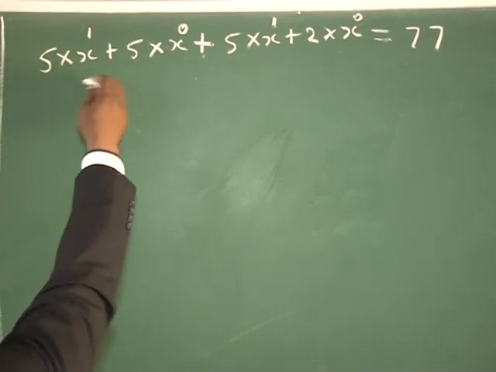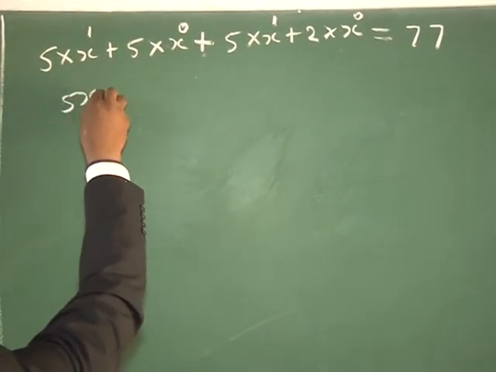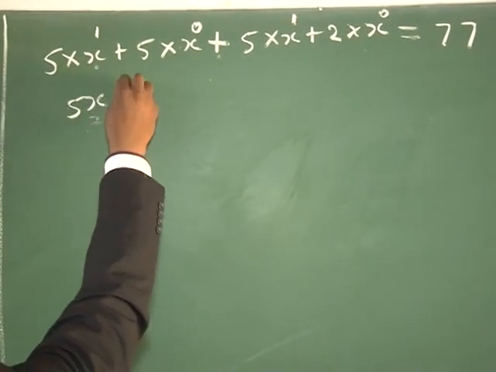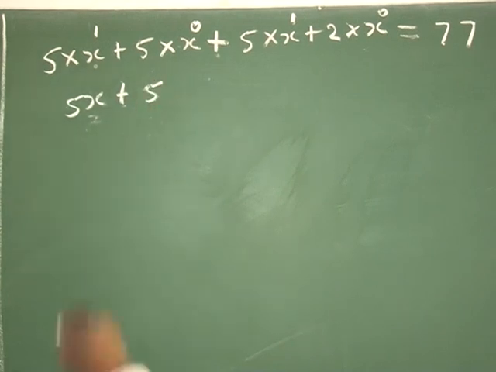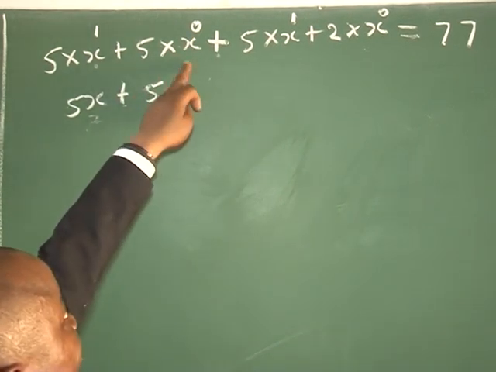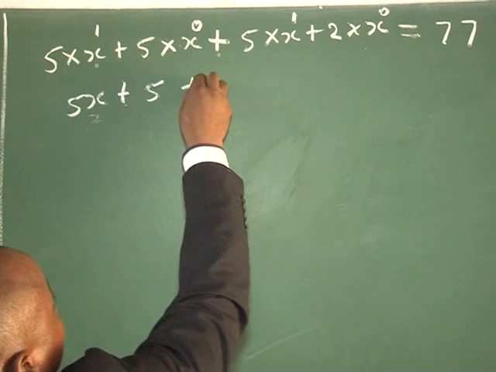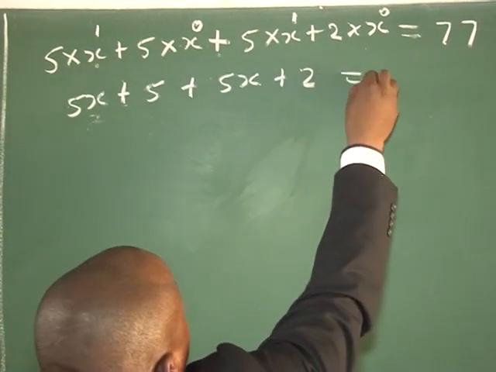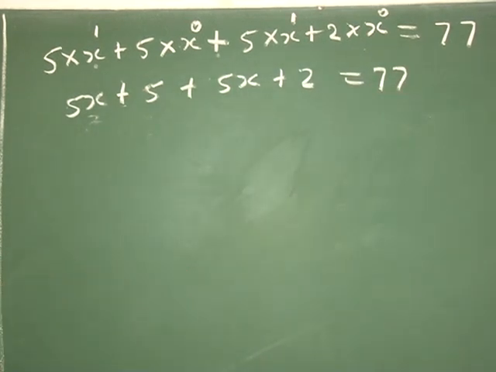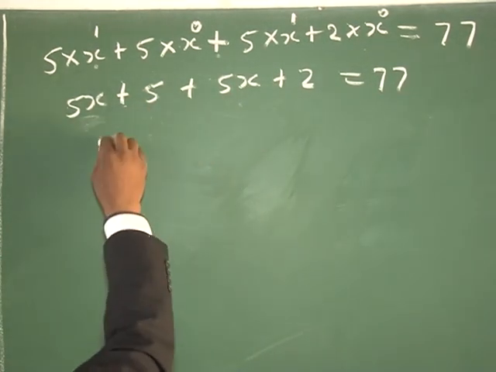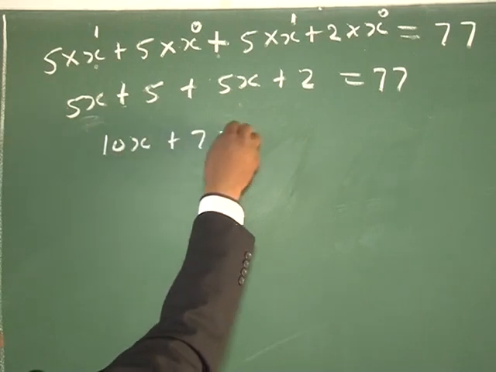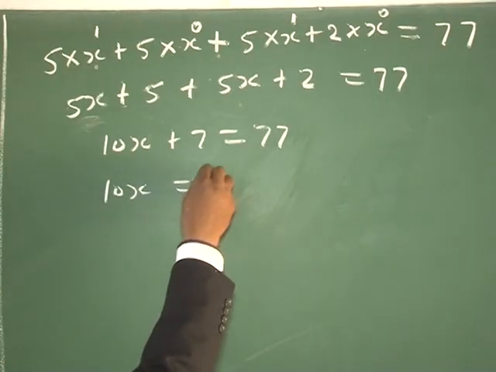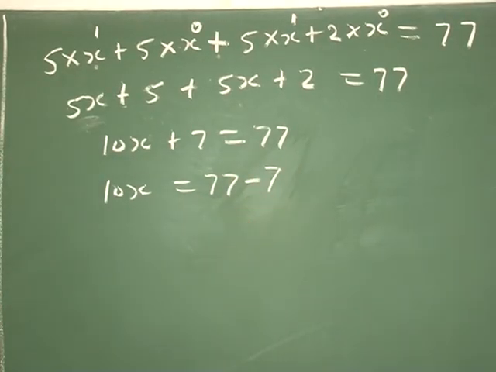So that's why we raise it in that way. Okay, so by simplification, we'll have 5x because x raised to 1 is x, plus 5. X raised to 0 is 1, so 5 times 1 is 5, plus 5x plus 2 equals 77. Now, 5x plus 5x gives us 10x plus 7 equals 77. 10x will be equal to 77 minus 7.